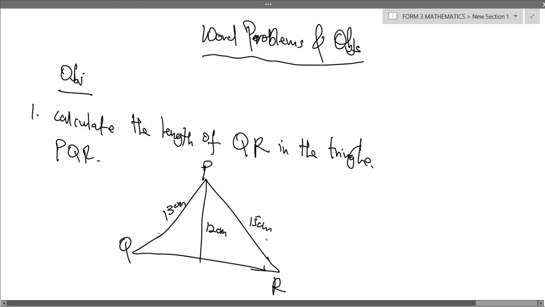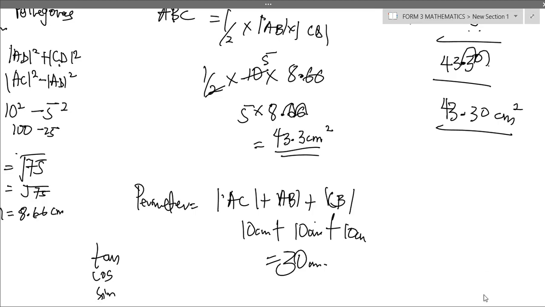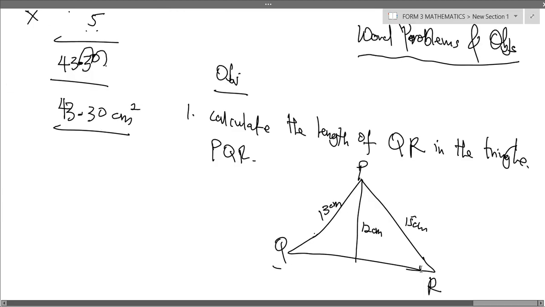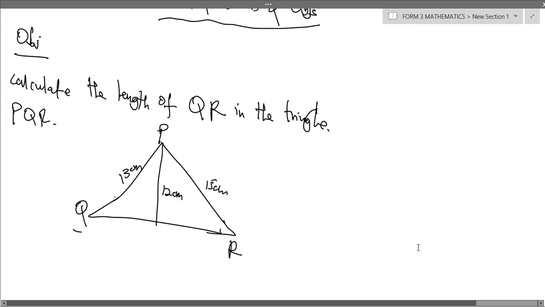They are telling us to find the length of QR, which is from here to here. They labeled here N. The possible answers: A, 11; B, 14; C, 16; and D, 17.